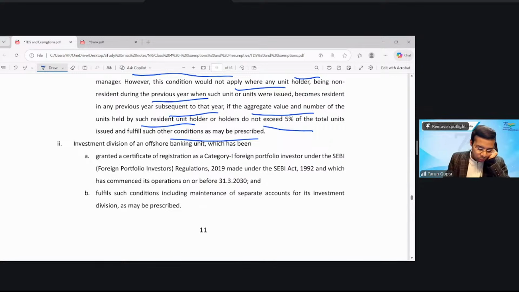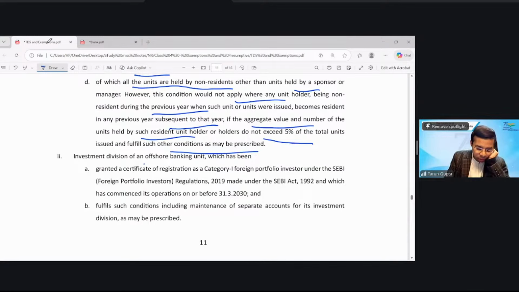Specified fund also includes an investment division of an offshore banking unit. So there is a foreign bank which has an investment division in India in the IFSC, which has been granted a certificate of registration as category 1 FPI, category 1 foreign portfolio investor, under SEBI regulations made under the SEBI Act, and which has commenced its operation on or before 31st March 2030.